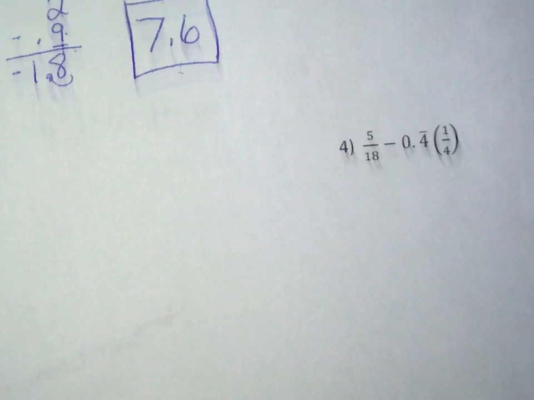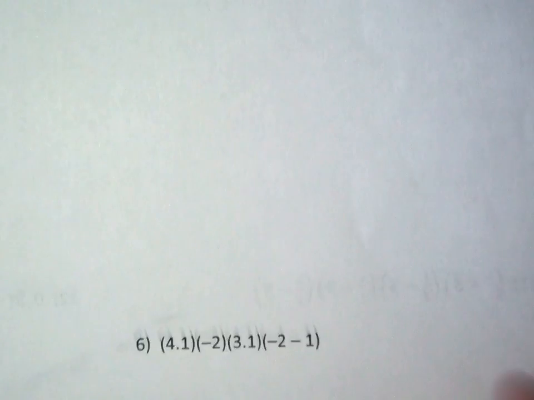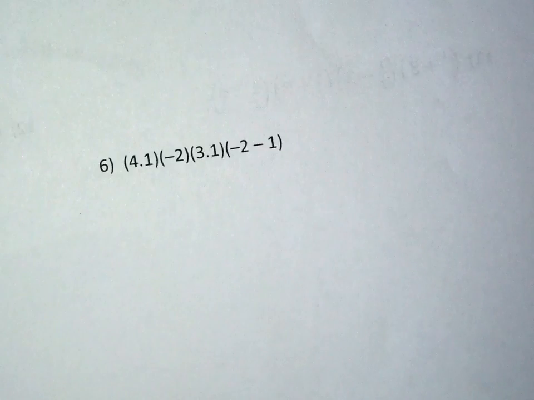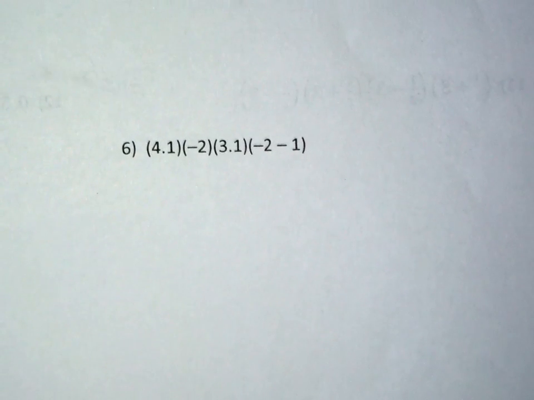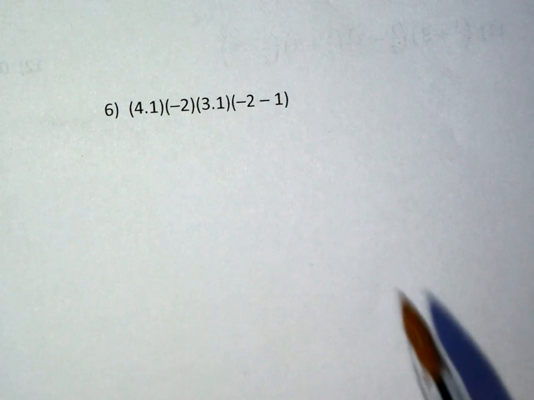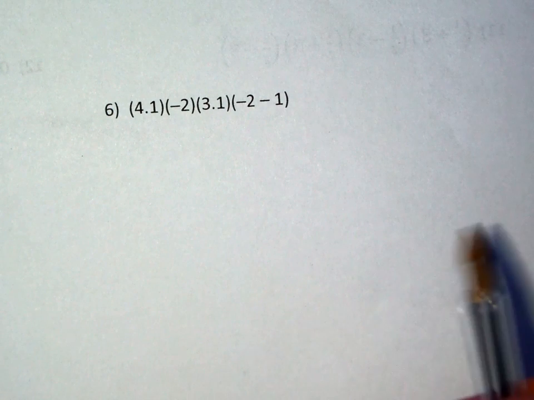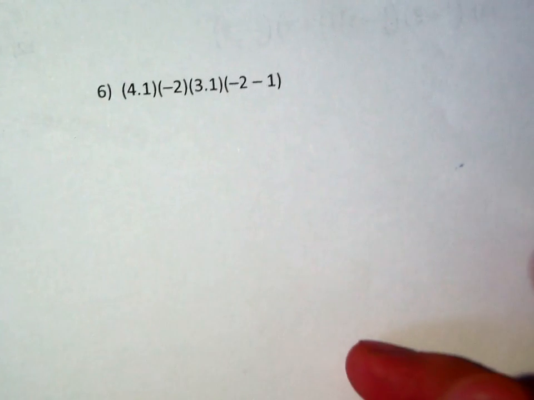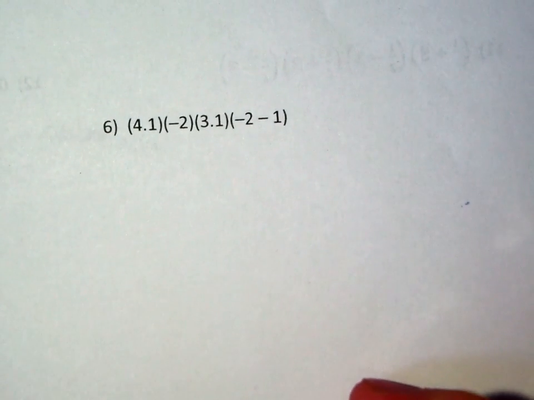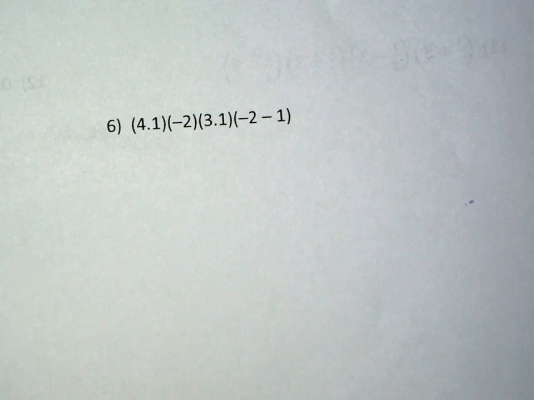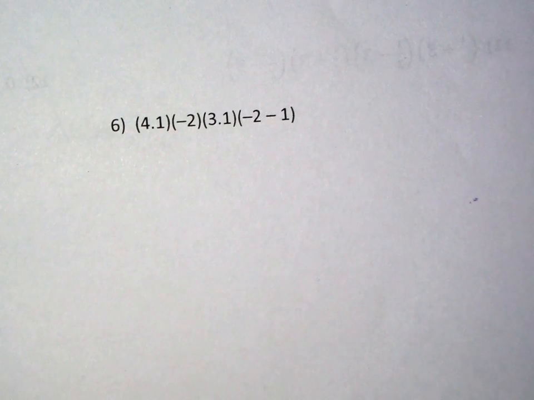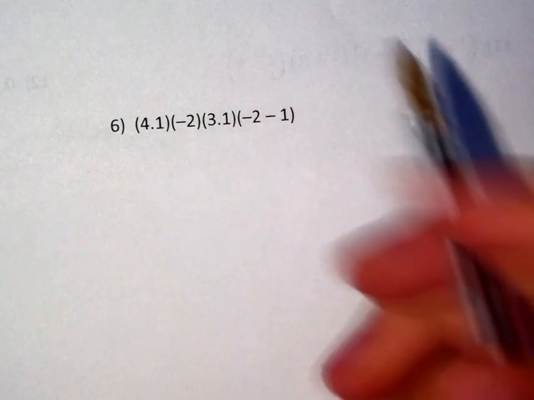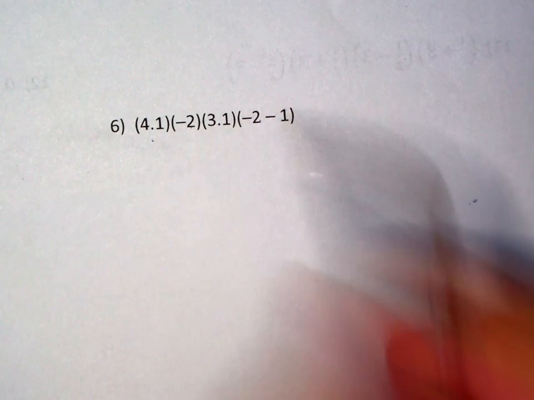Let's look at another problem. Let's do number 6 together. 6 is a great problem for when we were talking about our properties, because 6 has a problem. Let me see where it's at. Oh. 6 is essentially multiplying all these terms together.